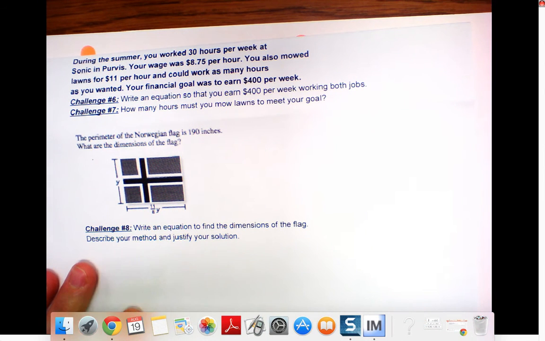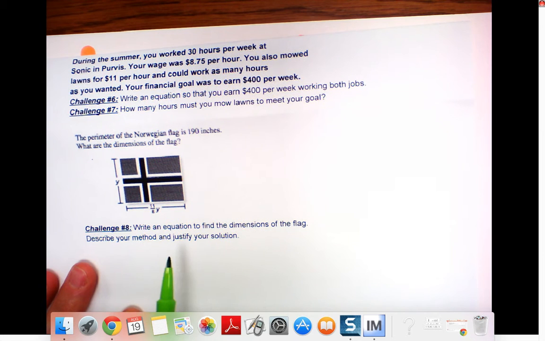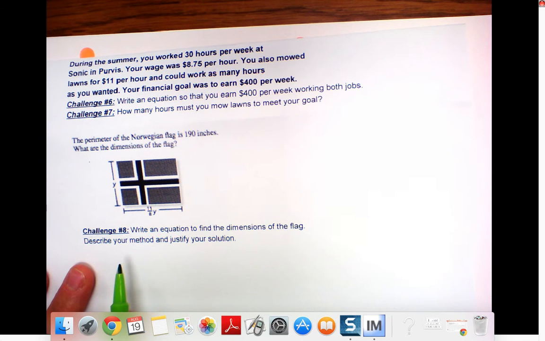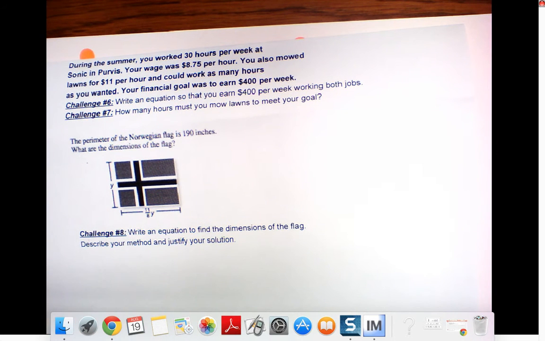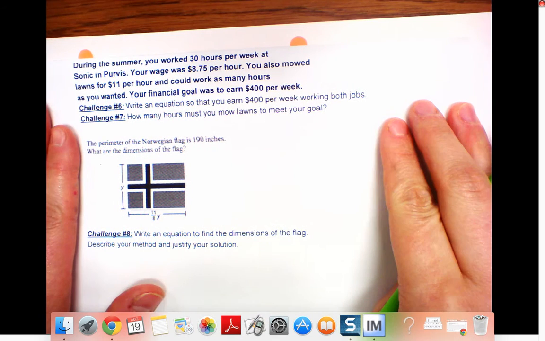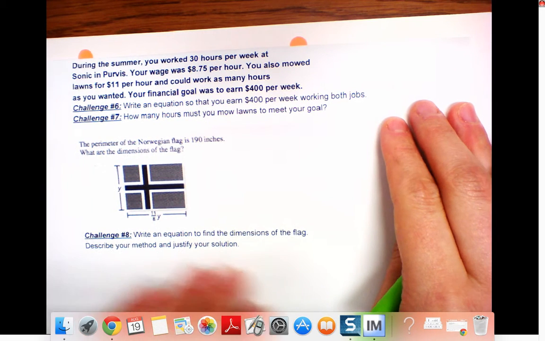So challenge 8 says to write an equation to find the dimensions of the flag and then describe your method and justify your solution. Now, the way that I am speaking out loud and talking about how I'm thinking will be my justification and description of how I solve the problem. So I won't be writing a paragraph after I do this.